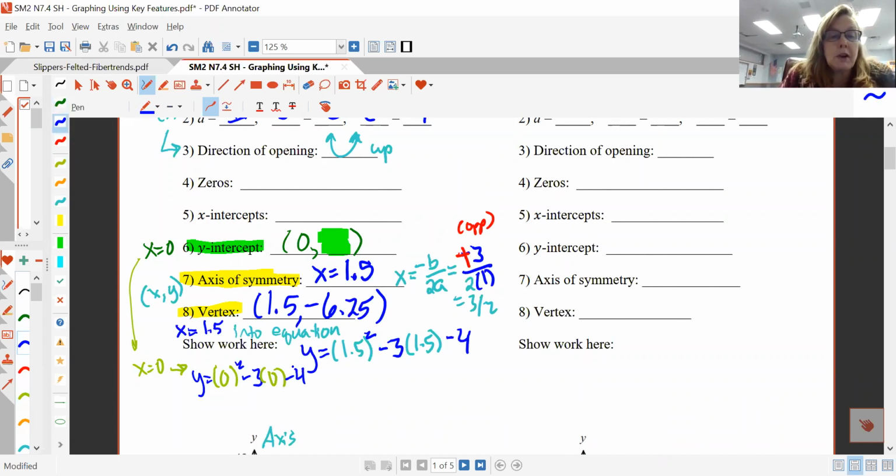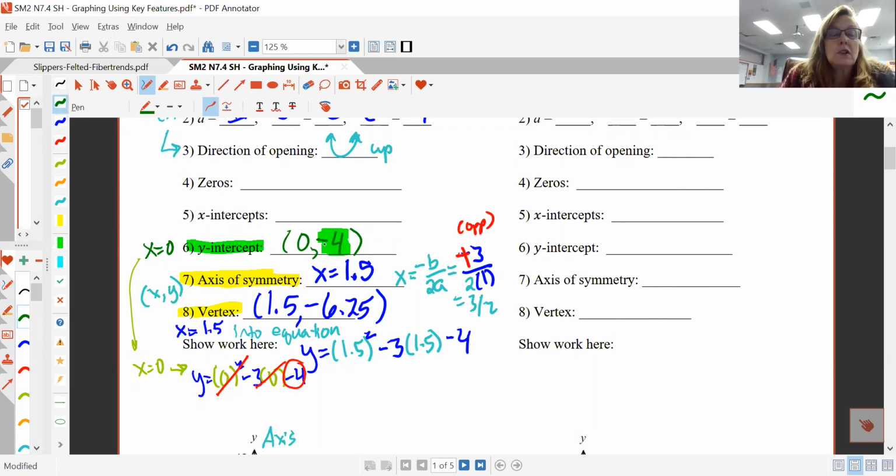So x is 0, put it into my equation, and I evaluate it, okay? The y-intercept is always usually fairly easy to find because 0 just kind of goes away. So what happens here is that 0 squared is 0. 0 times 0 is 0. 3 times 0 is 0, which leaves me my only actual value here as -4. So my other value for that is -4.